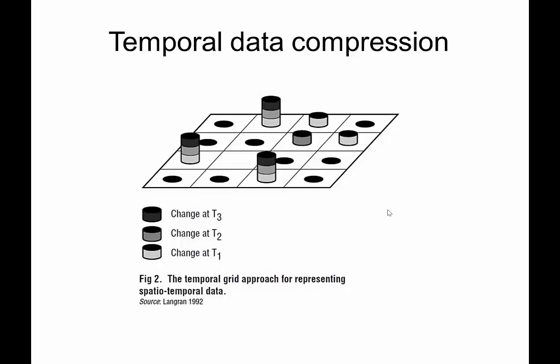And then we only store another value for that cell if there's a change in a particular time period. So basically we have a grid, and then a sort of chain of events associated with each grid cell. And that means we get rid of the data redundancy, and we compress our data files so that they're much smaller.